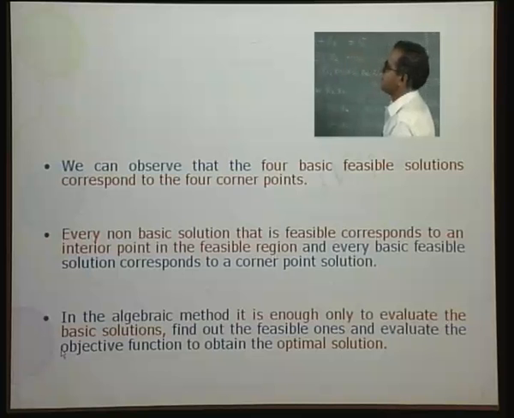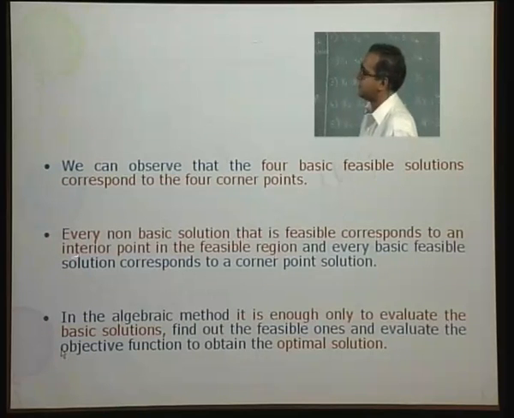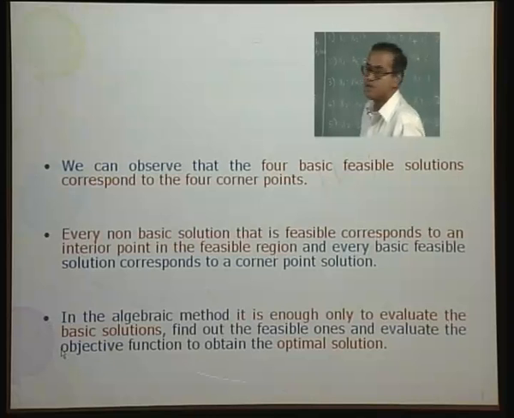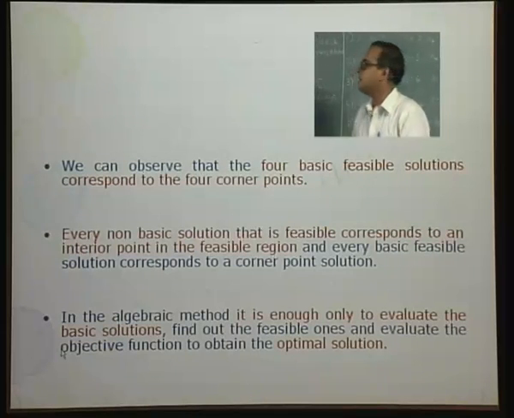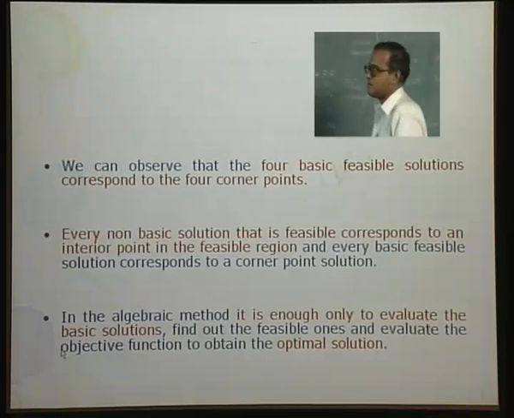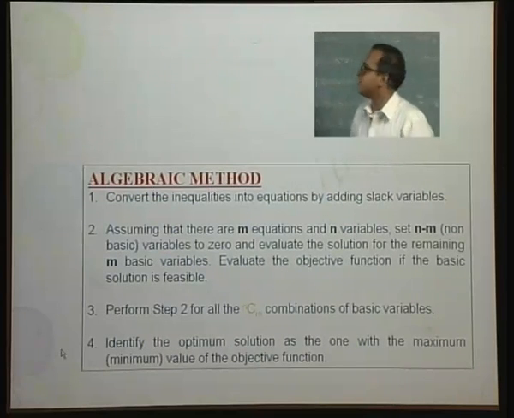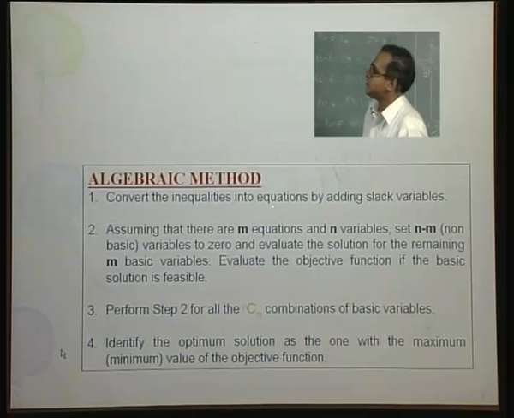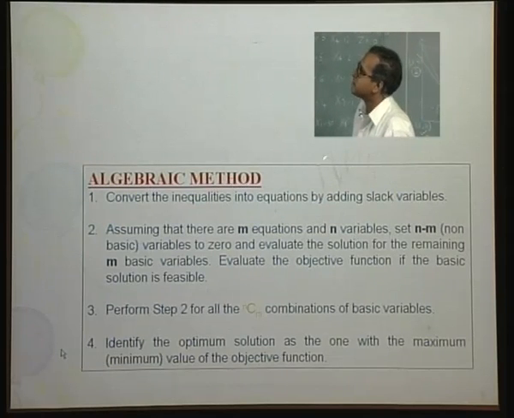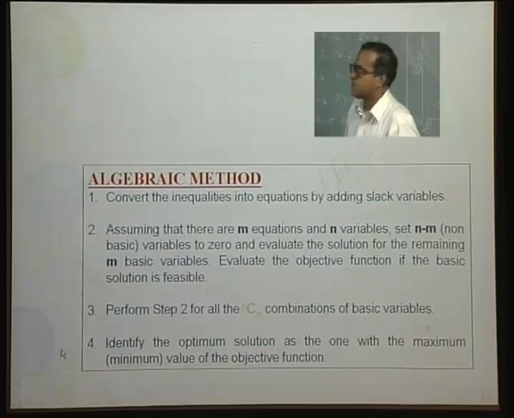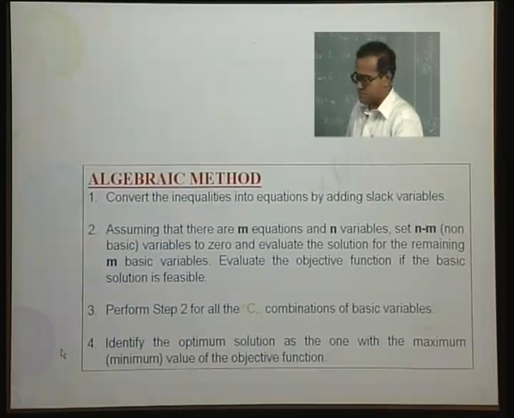Every non-basic solution corresponds to an interior point in the feasible region that we saw, and in the algebraic method it is enough to evaluate only the basic solutions, because all the basic solutions are corner point solutions and the best value is optimal. In summary, in the algebraic method we convert the inequalities into equations by adding slack variables, and then we evaluate all the basic solutions for all the combinations, and we identify the optimum solution as the one with the maximum or minimum value of the objective function.